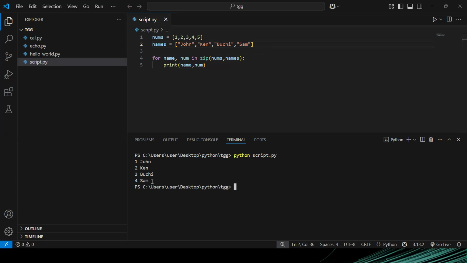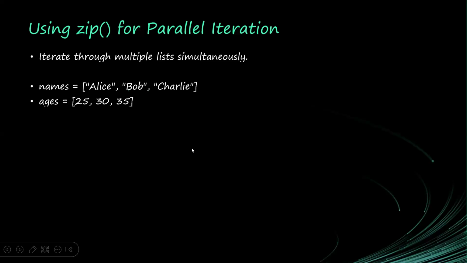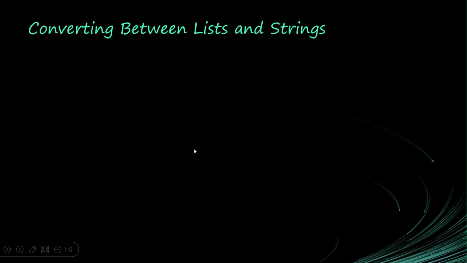This one stopped at 4 because our names list length is 4, but our norms length is 5, and the whole thing stopped at 4. So whenever one of the lists is shorter than the other, the loop will stop at the shortest length. Okay, so that is it. This is how you work with multiple lists at the same time.